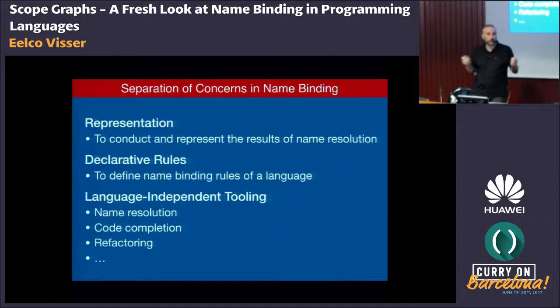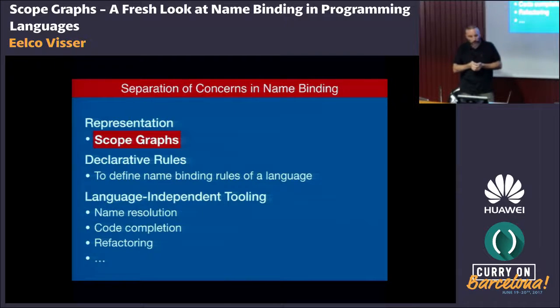So to start with name resolution, that says, well, from the use of a name, what is the definition of the name? And from that we get code completion and refactorings and all kinds of other tools. All right, and so this talk is about scope graphs. That is our proposal for a common representation, so the ASTs of name binding.